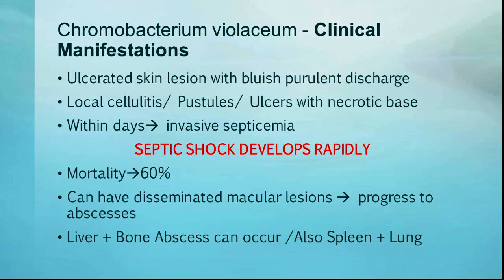The clinical signs are an ulcerated skin lesion, and sometimes they can get a bluish pus from the site. The thing about this one is that septic shock develops very rapidly. Mortality is about 60%, and they can have abscesses at multiple sites, usually in the liver, lungs, and spleen.